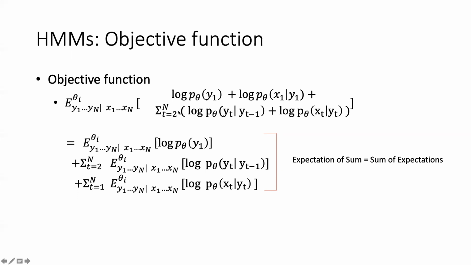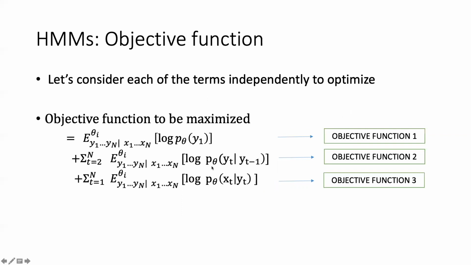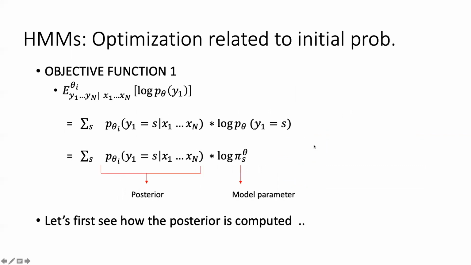So we can split this expression in order to compute each of the 3 parameters separately: first the initial probabilities, then the transition probabilities and the emission probabilities. This gives objective functions 1, 2, and 3. Let's first consider objective function 1 and optimize it to find the estimate for the initial probabilities.